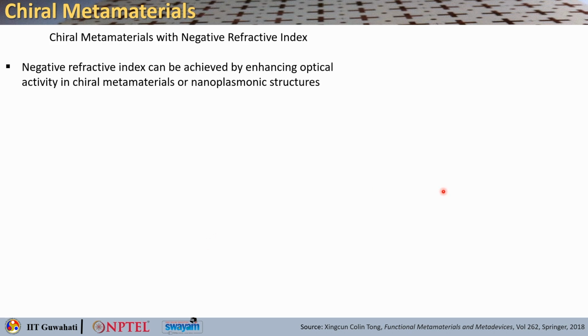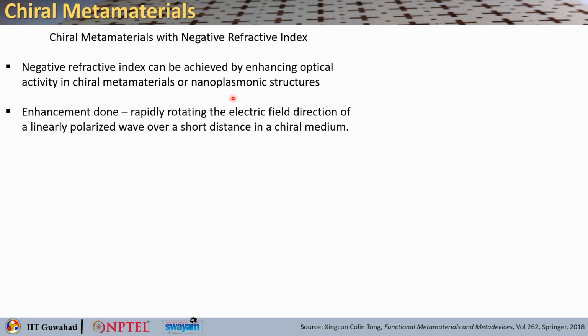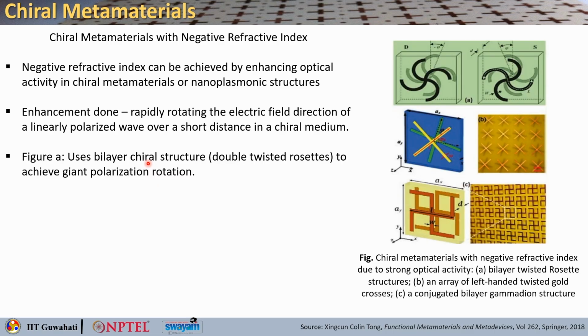Okay. So, what happens for chiral metamaterials with negative refractive index? You can see that the negative refractive index can be achieved by ensuring optical activity in chiral metamaterials or nanoplasmonic structures. Okay. So, this enhancement can be done by rapidly rotating the electric field direction of a linearly polarized wave over a short distance in a chiral medium. So, I will show you some figures of that.